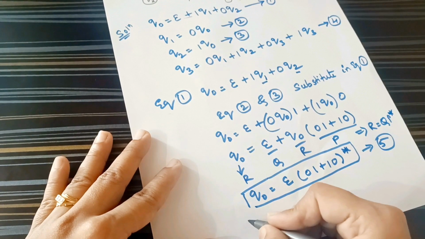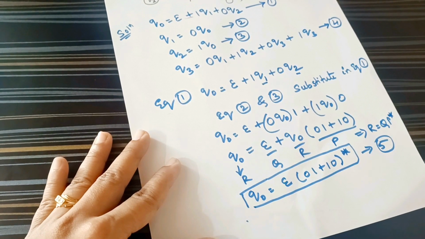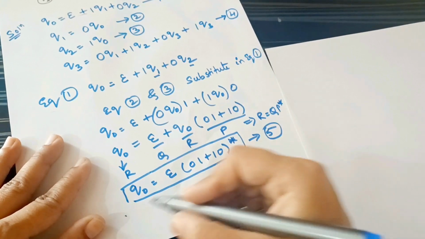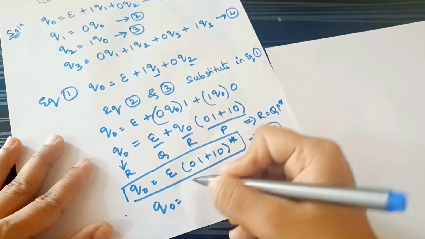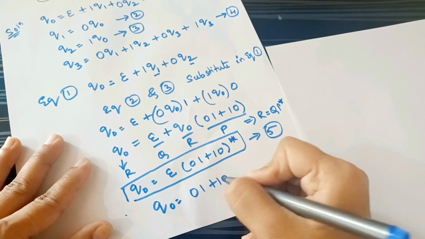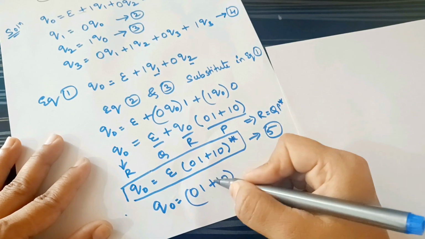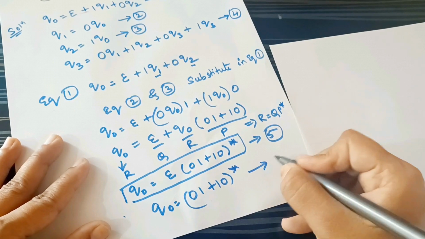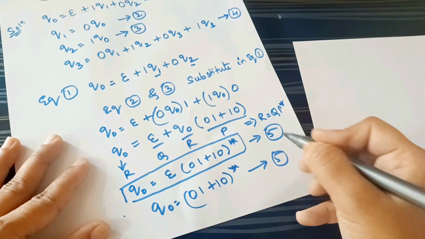Now next, this equation we can simplify, as epsilon into anything is just R closure. So we'll get (0 1 plus 1 0) whole closure only.